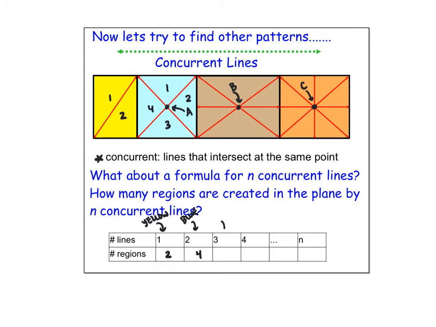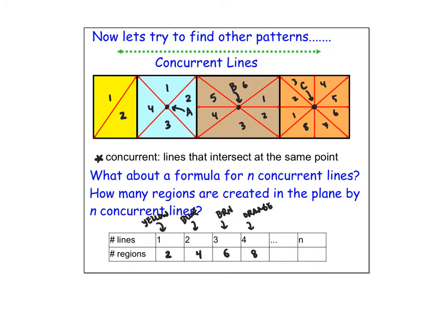In the brown box, with 3 concurrent lines, I get 1, 2, 3, and 4, and 5, and 6. And then with 4 concurrent lines in the orange box, I get 1, 2, 3, 4, 5, 6, 7, 8.